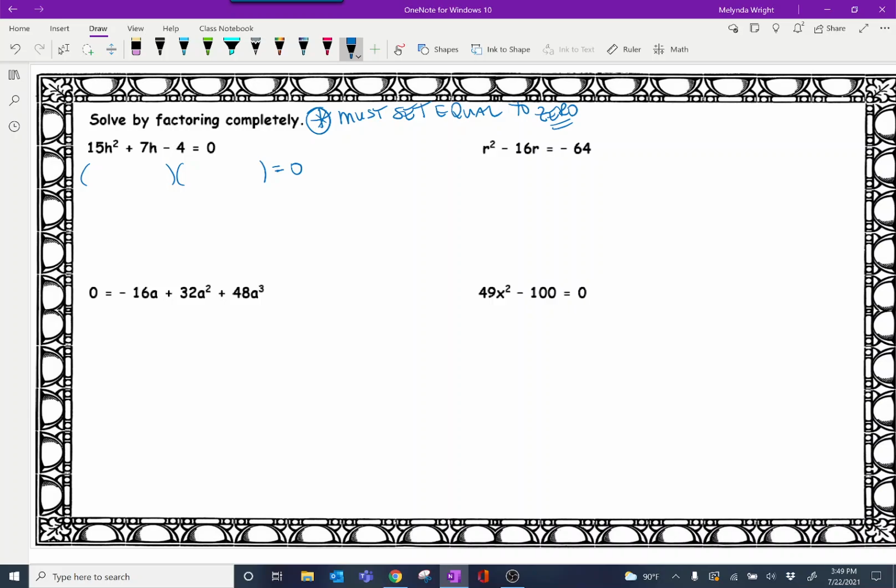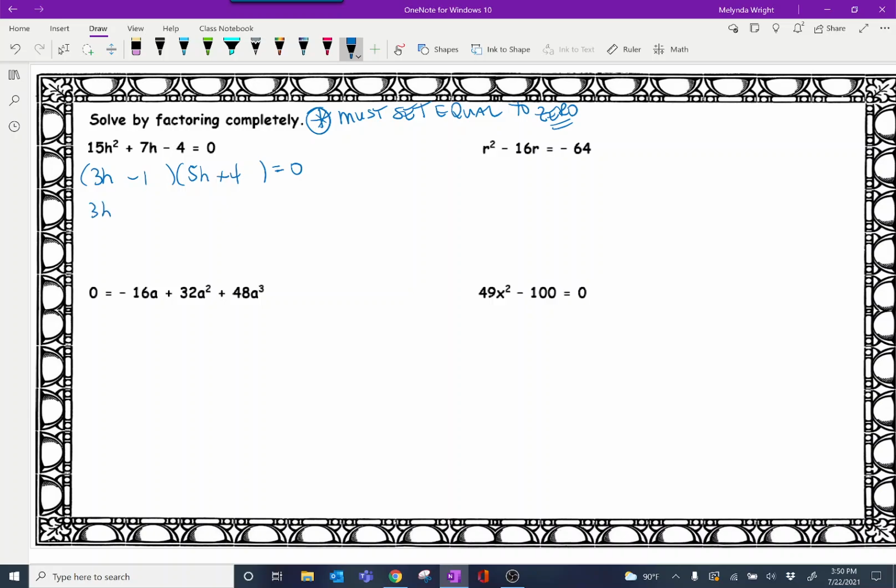So 15h squared. Now I actually have already factored this, so I'm not going to go through the guessing and checking part. This factors to be 3h minus 1, 5h plus 4. That is correct. If you want to check your outside inside, you'd have 12h minus 5h, which does give us 7h. So now we're going to use that theorem I was talking about.